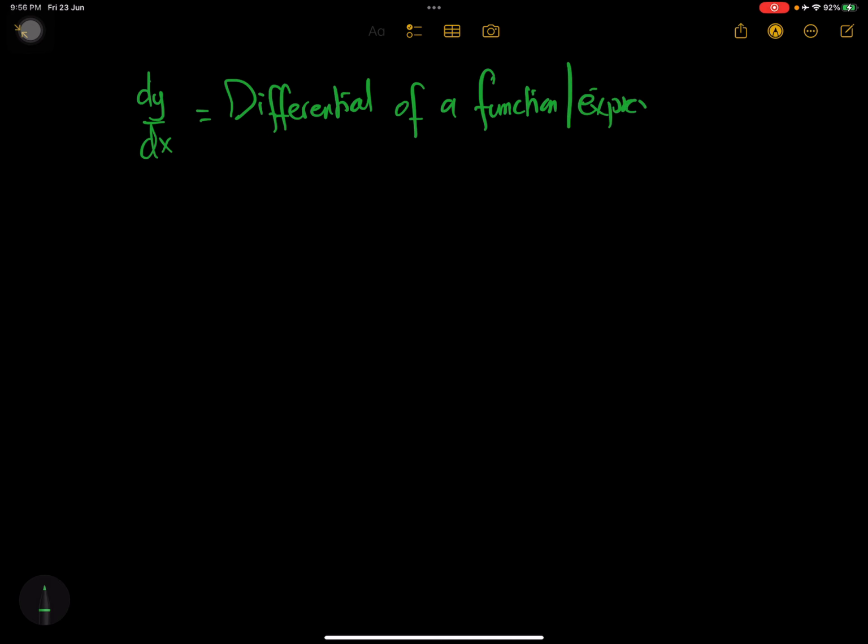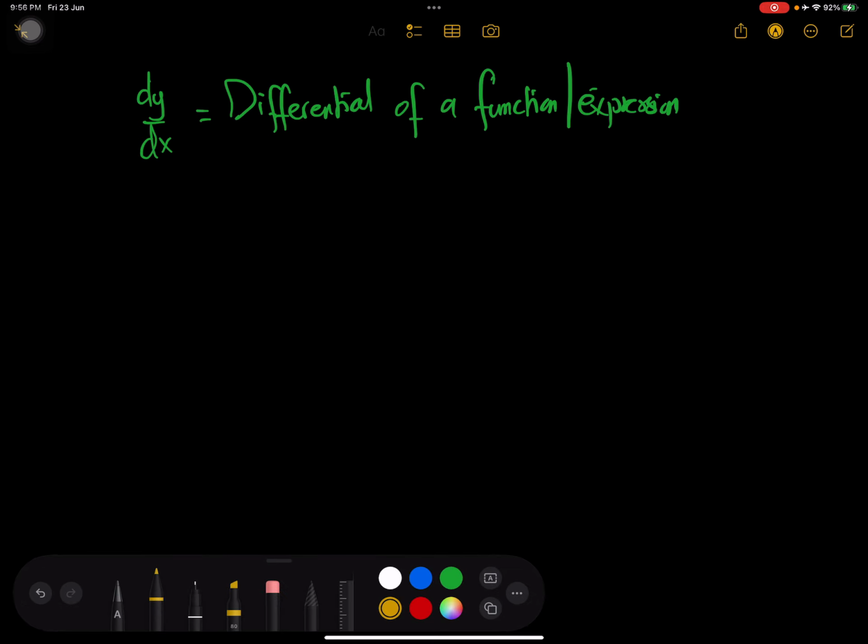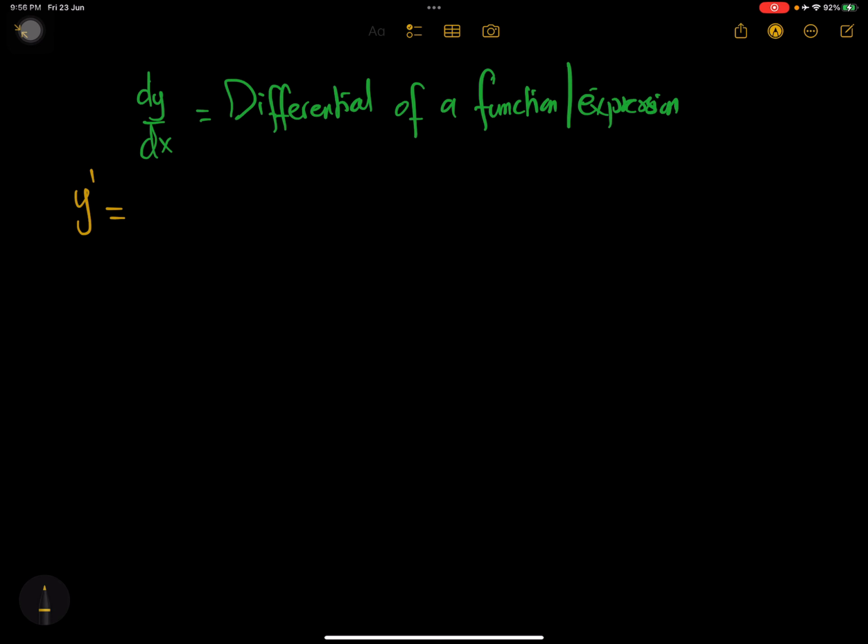So imagine that we have dy dx as our differential of a function or expression. What it means is that this is the same as y1, which is the same as y prime. Normally we say y1 is usually pronounced y1 or y prime.